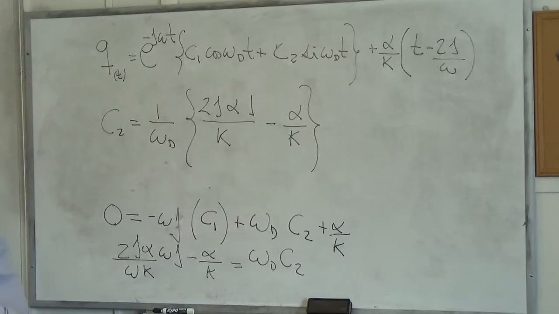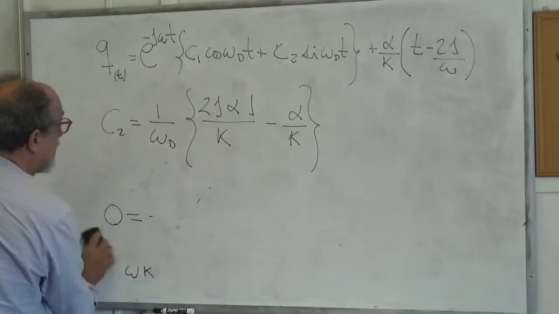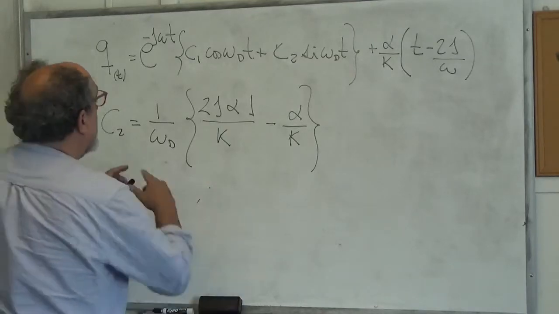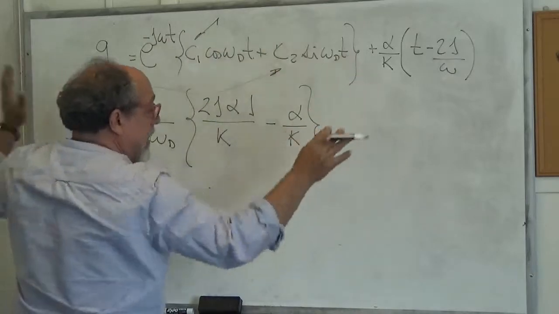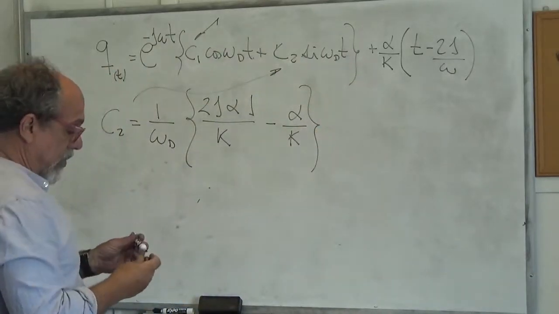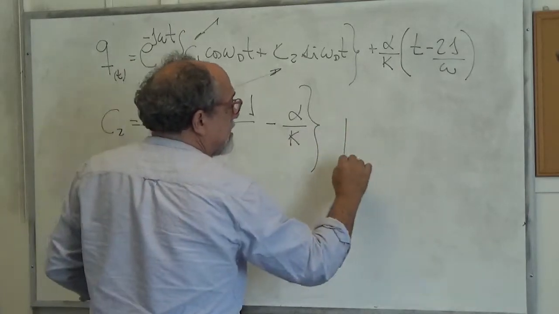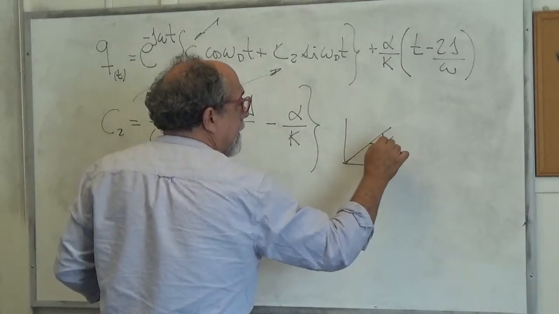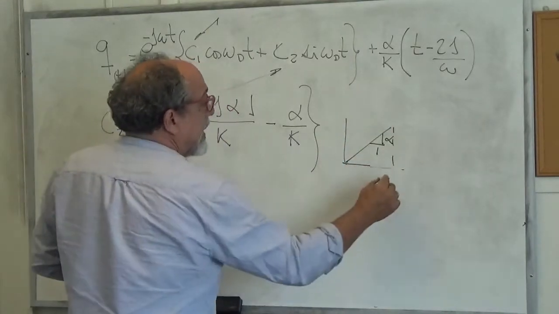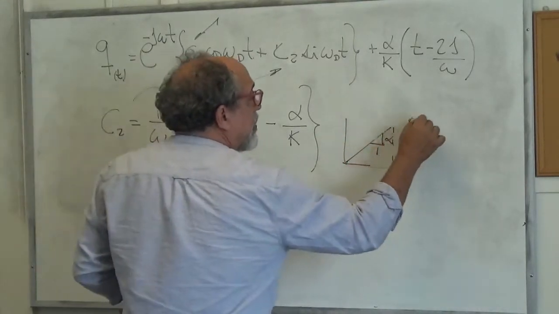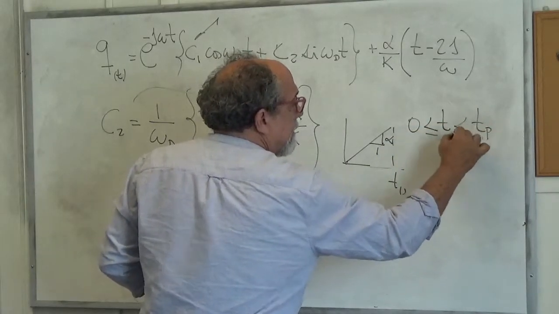So that's C2. And so I already had C1 before, and so substituting C2 over here and substituting C1 over here, that would be the complete solution, right? For the problem where the load is starting like this, and it stops at Tp. So for 0 less than T, T less than Tp, right?